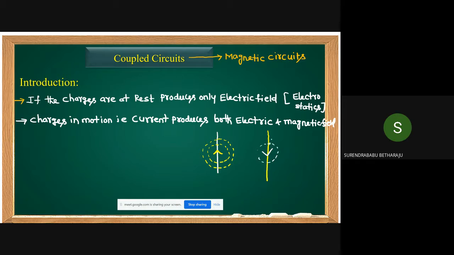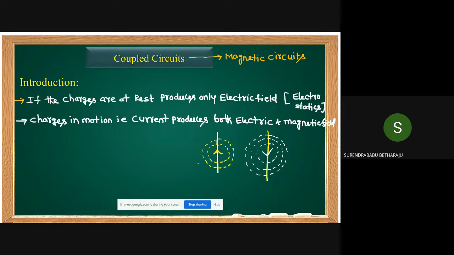Then how do we find the direction of this flux, students? If any conductor carries the current, around the conductor a magnetic field is produced. That magnetic field is represented by imaginary lines, which are nothing but flux lines.